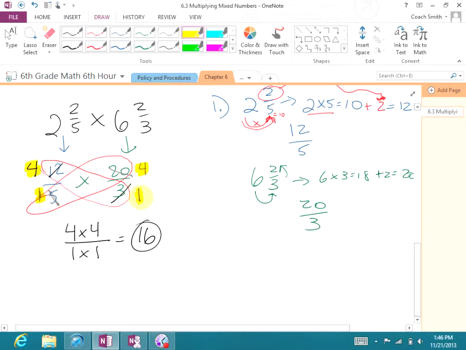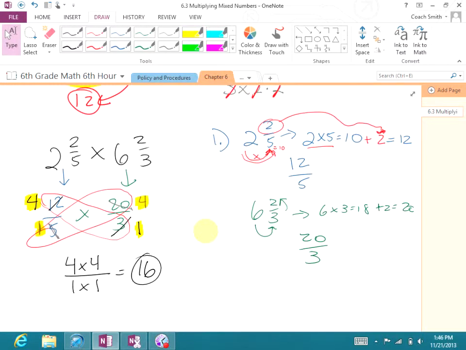Now, these just happen to all be whole numbers so far. That's not always the case. You're going to end up with mixed numbers. Okay? Now, back real quick before I answer Lily's question. If we look at 2 and 6, what is 2 times 6? 2 times 6 is 12. And if I increase this to 7 and this to 3, 3 times 7 would equal 21.